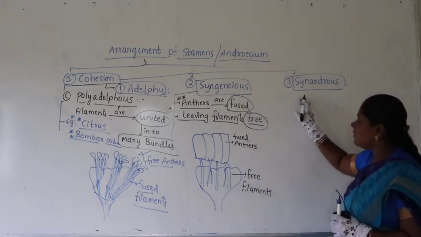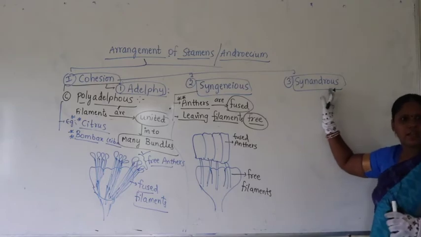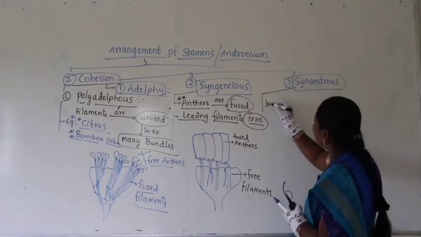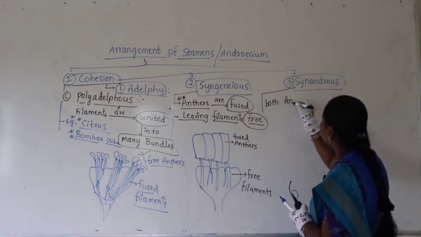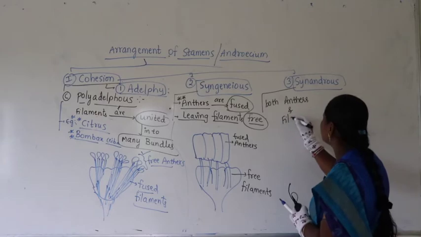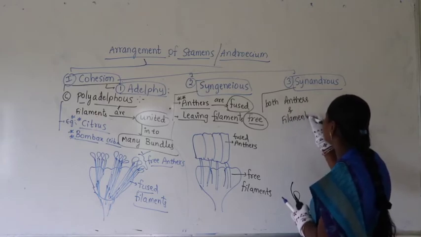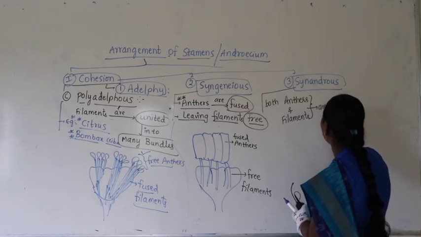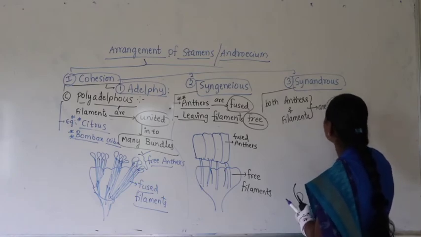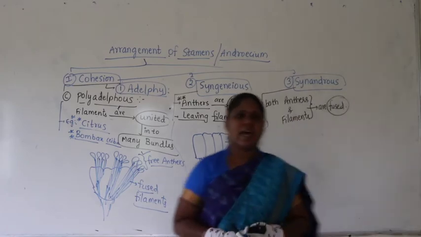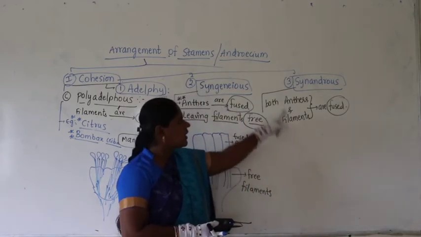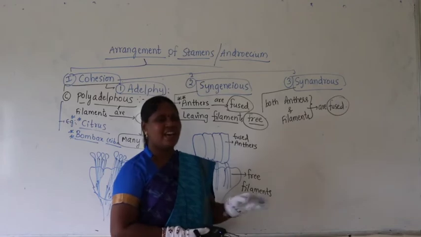Now coming to Synandros. In this case, I will write here, both anthers and filaments are fused. That means anthers are also fused, filaments are also fused, then the condition is called Synandros.